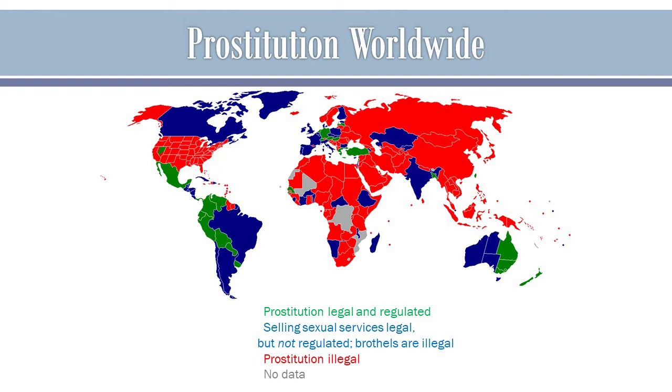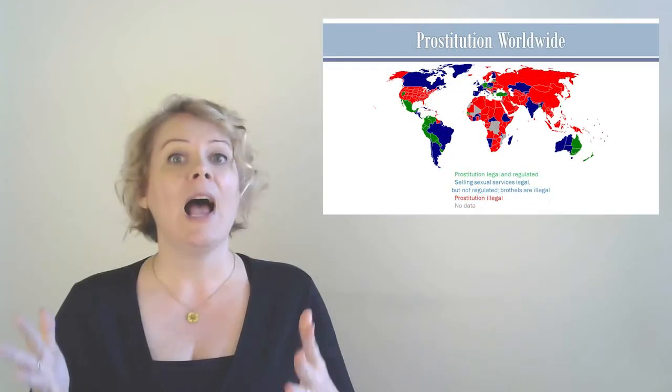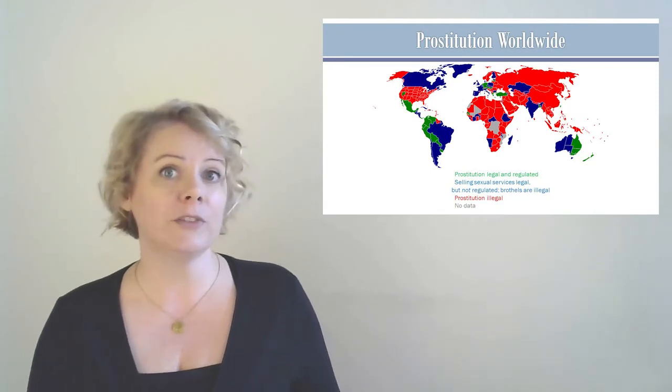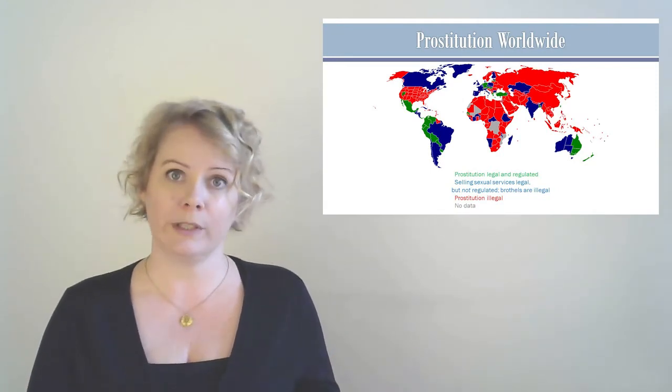In the blue places, it is legal to participate in prostitution, but it's not necessarily regulated. So it is legal to work on a case-by-case basis, but there's not necessarily that same sort of economic or safety regulation. In the red places, prostitution is straight up illegal, and then of course in the gray places, we don't know. So basically, how we feel about the legality of prostitution does change culturally.